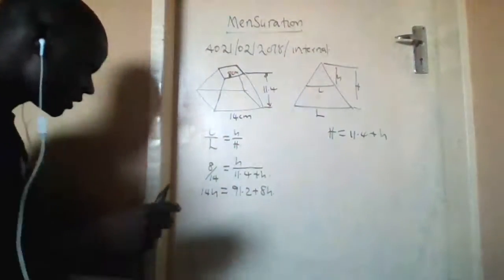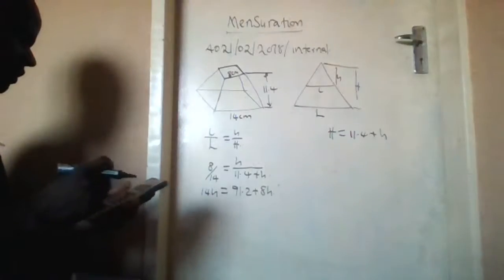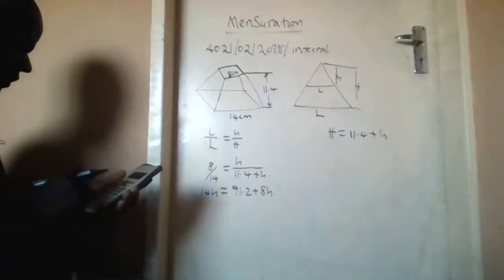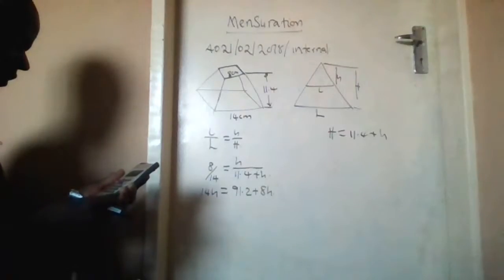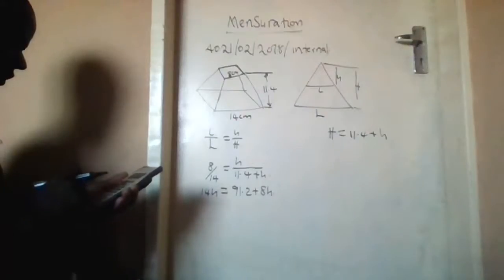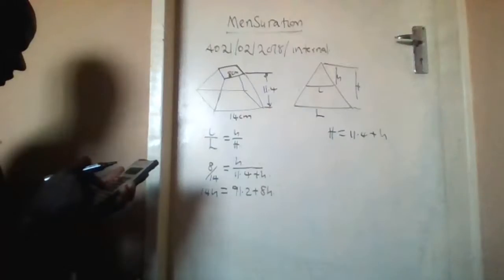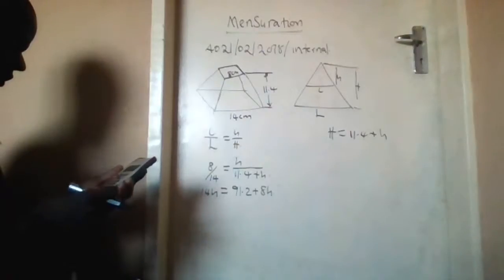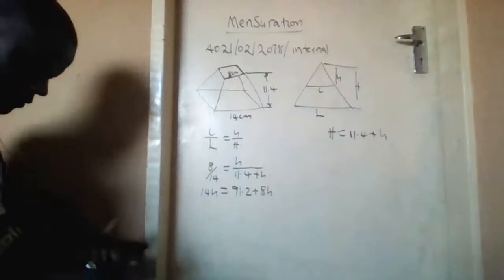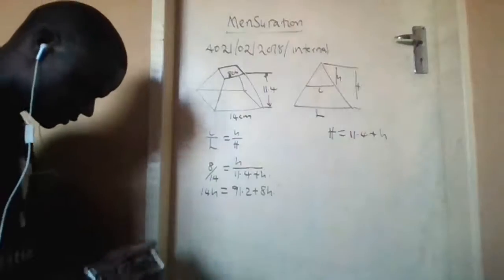Just a minute here. So it's 14 minus 8, which is 6. Then 91.2 divided by 6. Oh no.